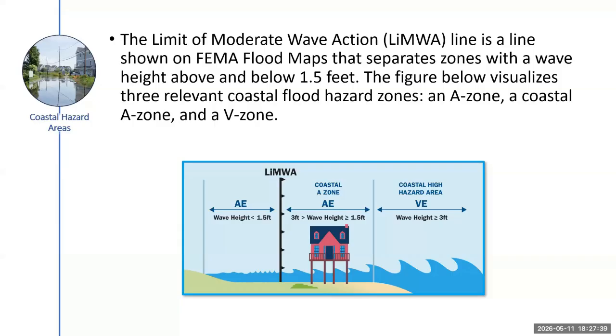So you have the V zone out where the waves are going to be of the greatest force and height. And then the coastal A zone, the AE zone, around here, so 1.5 to 3 feet tall. And then inland of the LiMWA, wave heights up to about 1.5 feet. And FEMA standards require that if you're within the LiMWA, you're built to V zone standards.